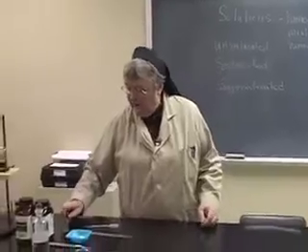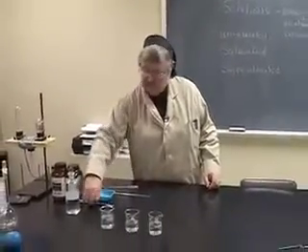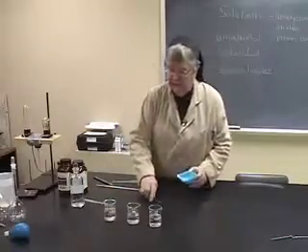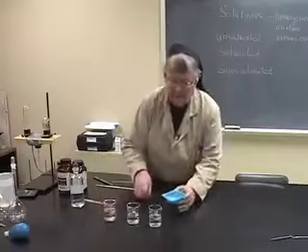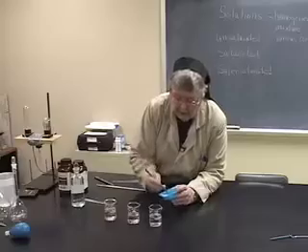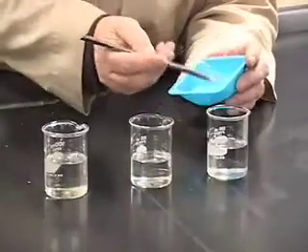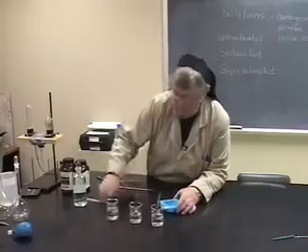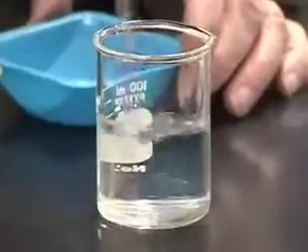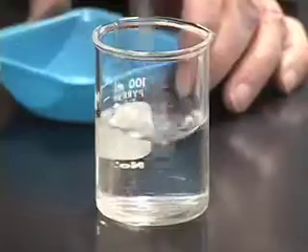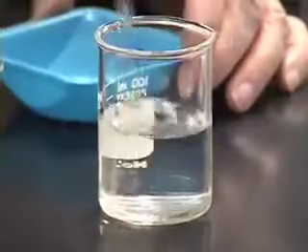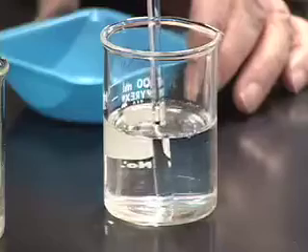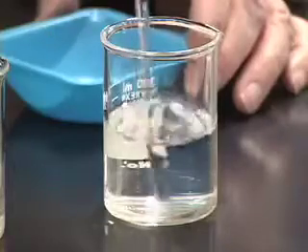The solution that I have is sodium acetate. And what I have is a few little crystals of sodium acetate. Okay. And if I put a few crystals into this one, and we stir a little bit, what you see is the crystals on the bottom are disappearing.